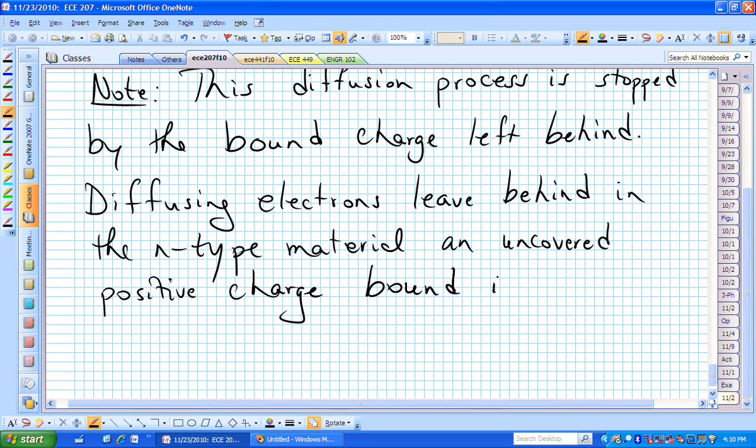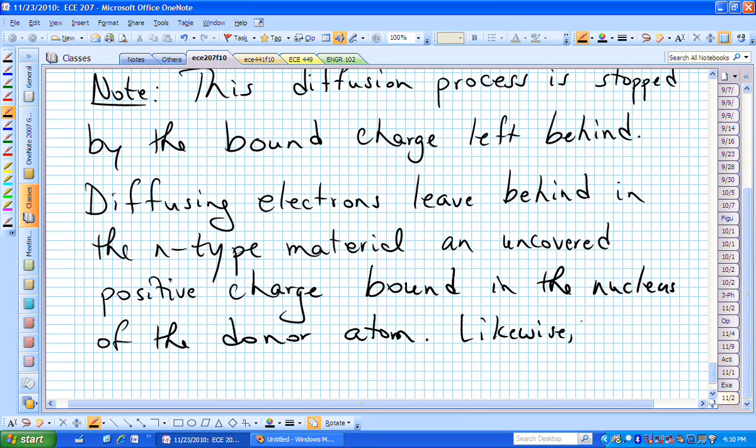And that's bound in the nucleus of the atom where the electron left from, or the donor atom.